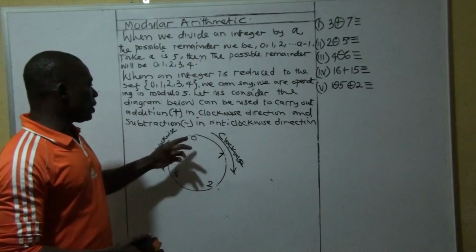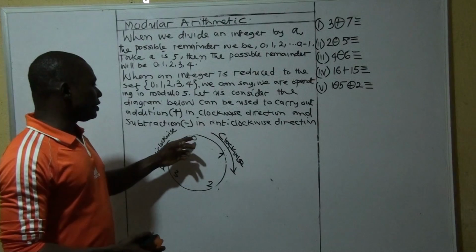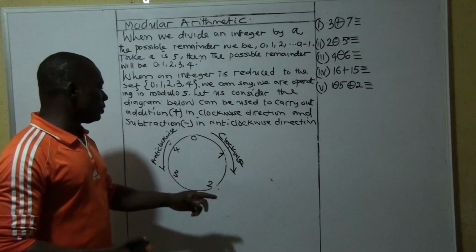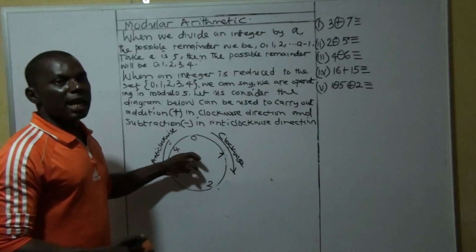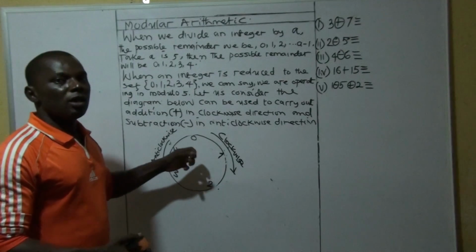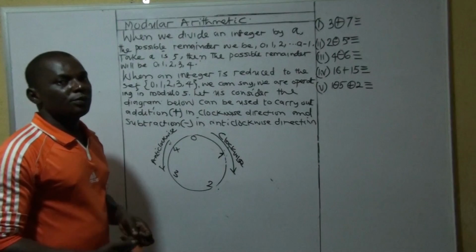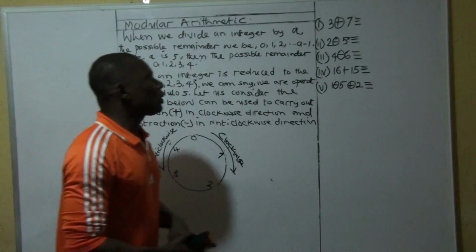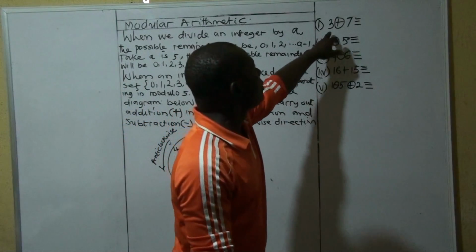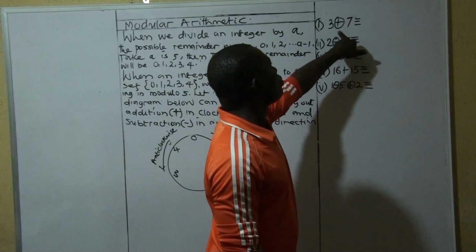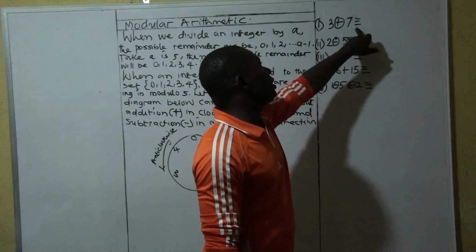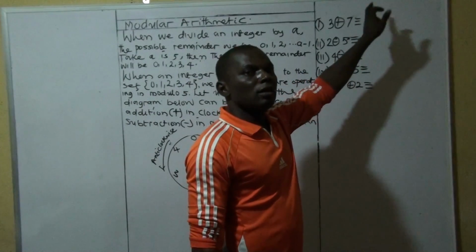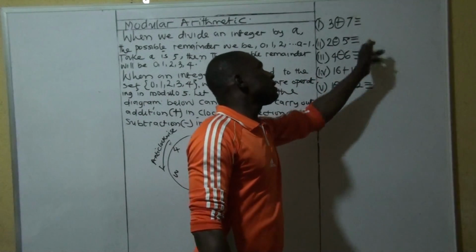Okay, if we look at the diagram here, we have a set of 0, 1, 2, 3, 4. That means we are basically operating in modulo 5. So let's look at this question. We have 3 plus 7 is congruent to what? So let's do this operation.